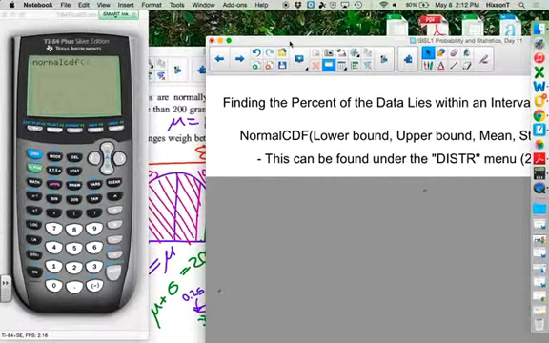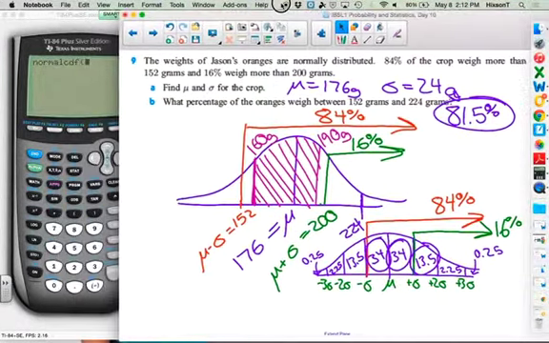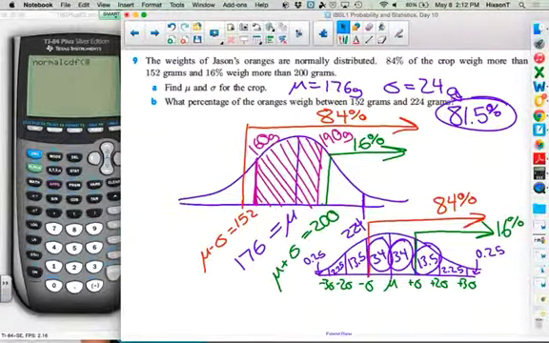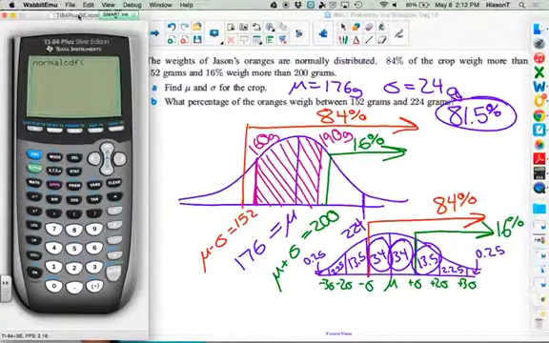So let's go back to our problem with the oranges for a moment. Now we said we wanted the probability that a randomly picked orange would be between 160 grams and 190 grams. So I'll punch in 160 as my lower bound, 190 as my upper bound, and then my mean, which we found was 176, and then my standard deviation, which we found was 24.